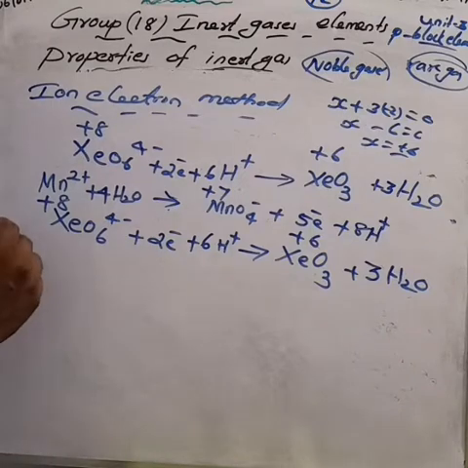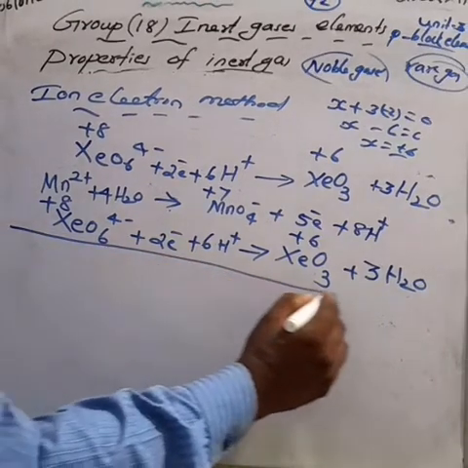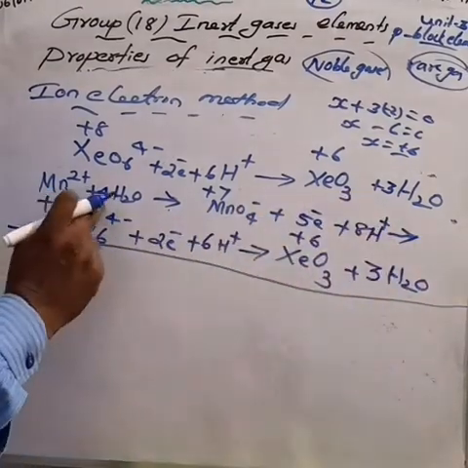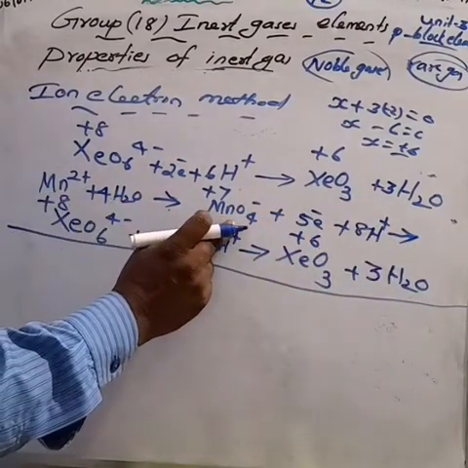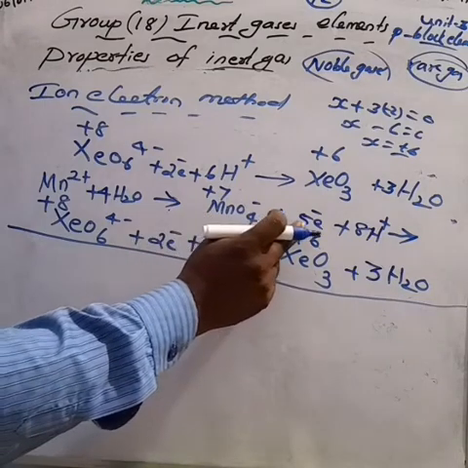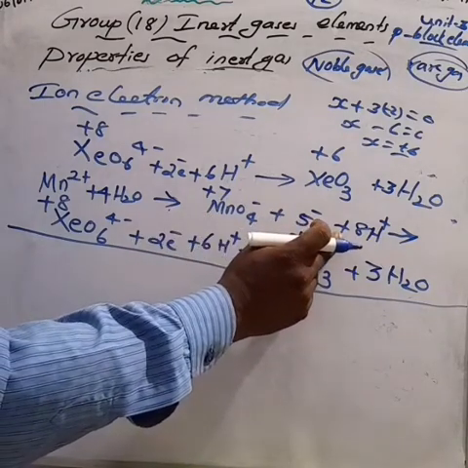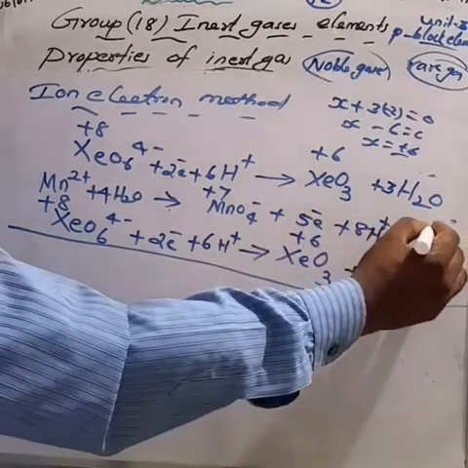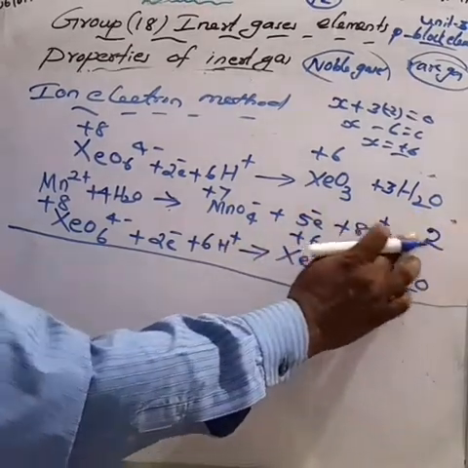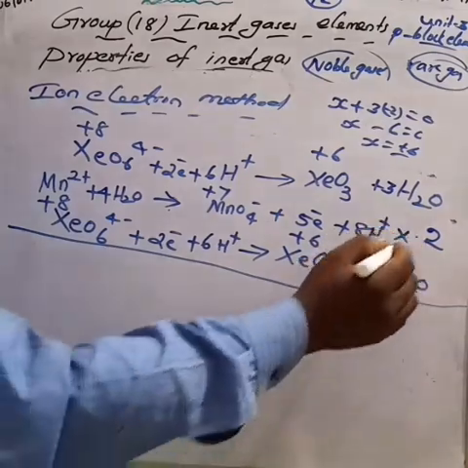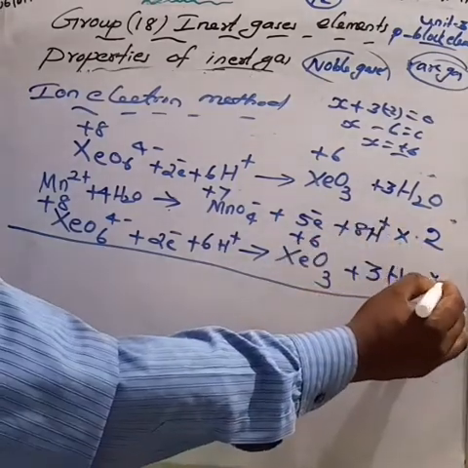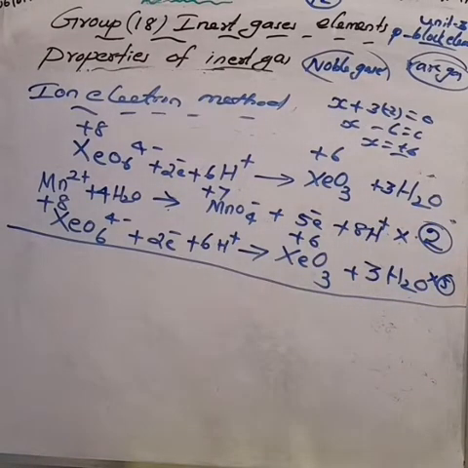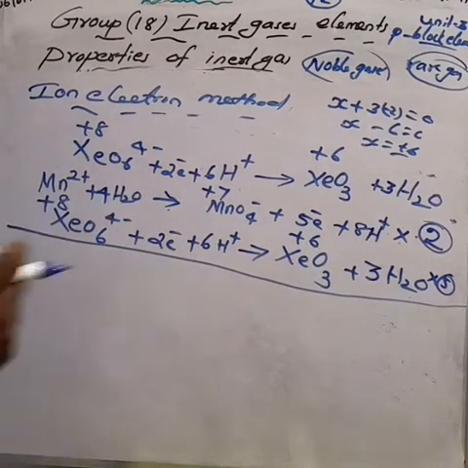Now come to the point. This first equation, Mn2 plus ion plus 4H2O gives MnO4 minus plus 5 electrons minus plus 8H plus ions, I multiply by 2, and the below equation I multiply by 5. My dear children, this is just for understanding. I multiply by 2 and by 5 because we are well thorough in 11th grade.